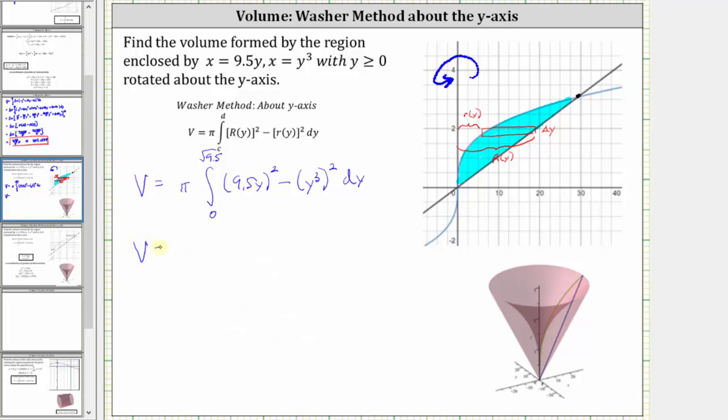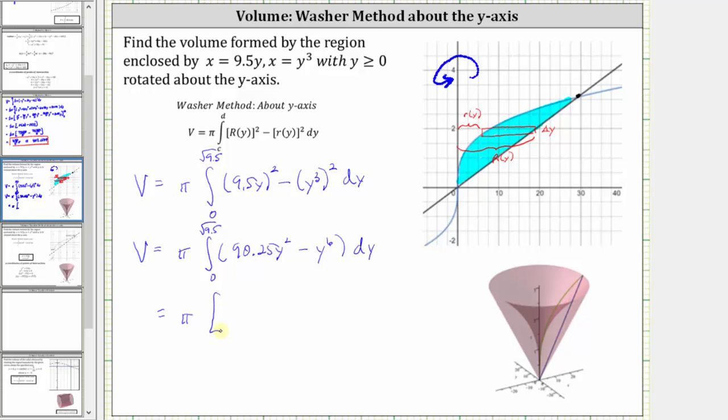We have the volume is equal to pi times the integral from 0 to the square root of 9.5. The square of 9.5y is equal to 90.25y squared. And then we have minus the square of y cubed, which is y to the 6th. And now let's find the antiderivative.